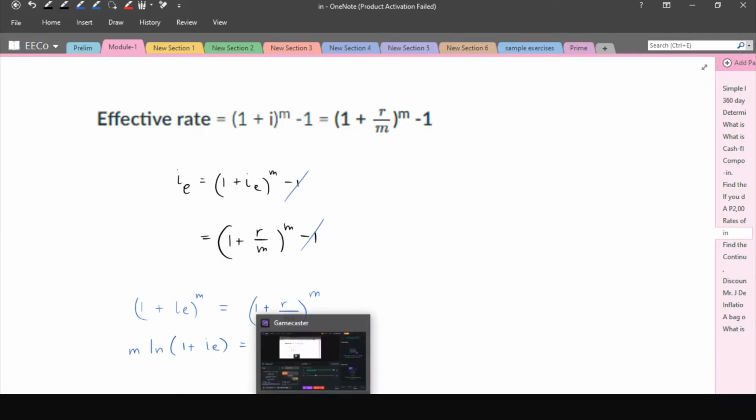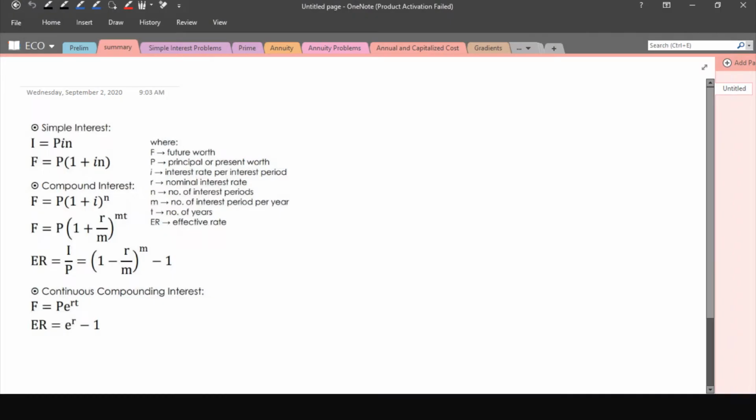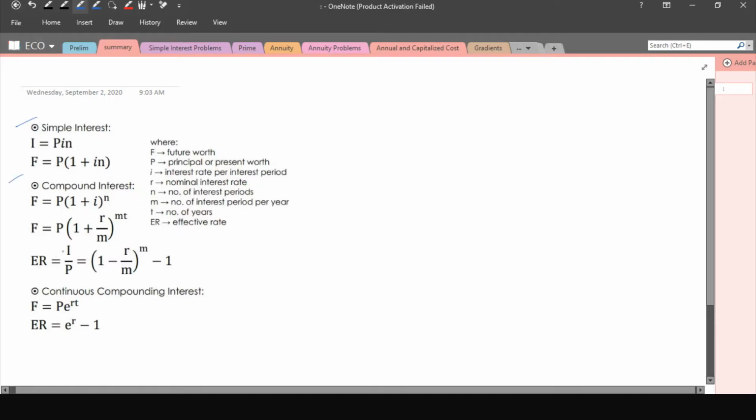Let me post this. Okay, so I have here the summary ng simple interest, compound interest, and then yung effective rate. So, ER, effective rate niya, is equal to yung interest divided by P, yung principal. Okay?